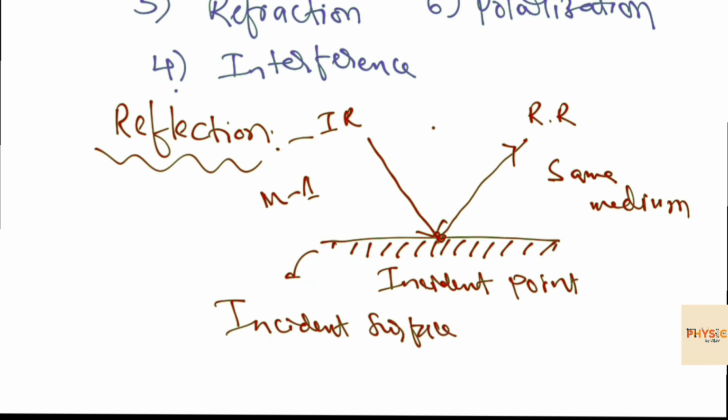The normal drawn to the incident surface is N, the normal at the point of incidence. The angle between the incident ray and the normal is known as the angle of incidence, i, and the angle between the normal and the reflected ray is called the angle of reflection, r.